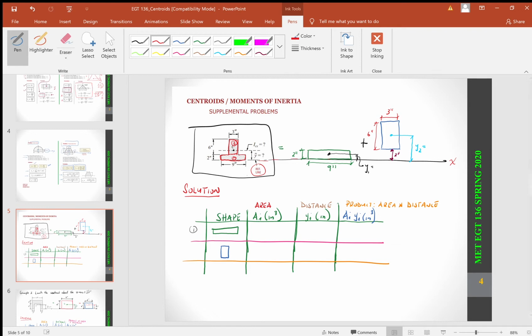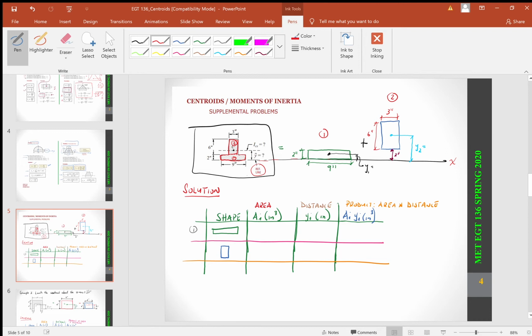Now, I want to find y bar. That means that this is 1, this is 2. When you bring them together, they have a combined centroid, if that makes sense. They have a centroid that both of them adhere to when they're combined together.